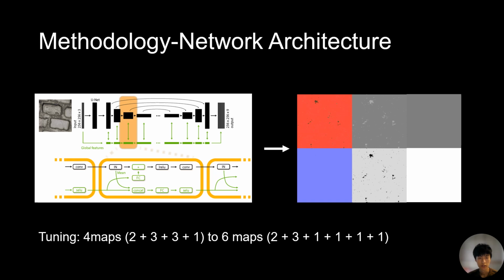We added output layers to fine-tune this network, so the new network now outputs six maps: color map, surface normal map, metallic map, roughness map, specular level, and the ambient occlusion map.